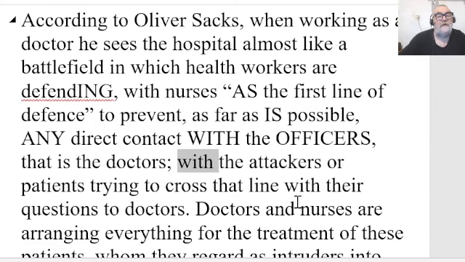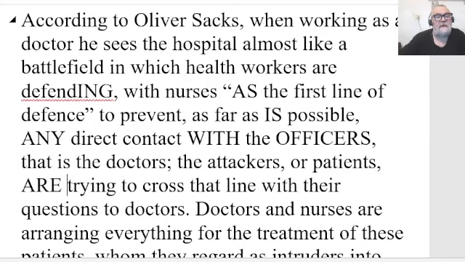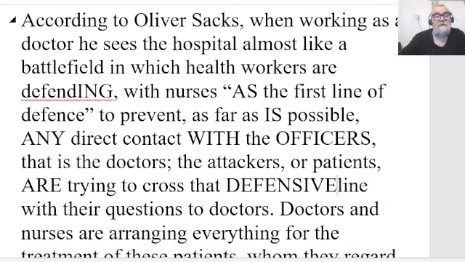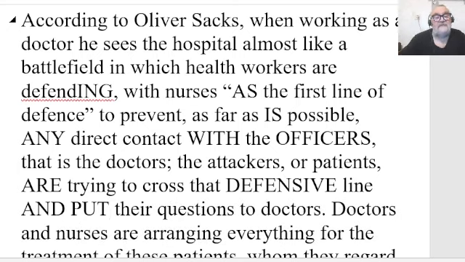And then you can carry on. The attackers, comma, or patients, comma, are trying to cross that defensive line and put their questions to doctors.